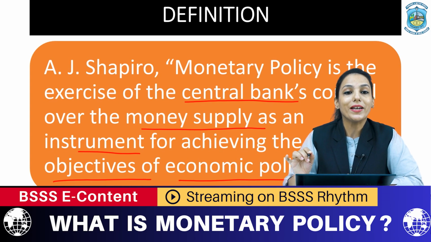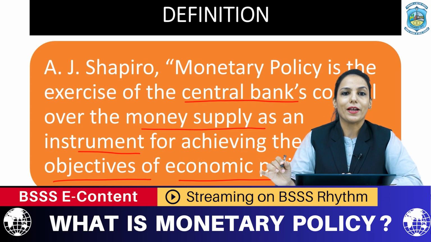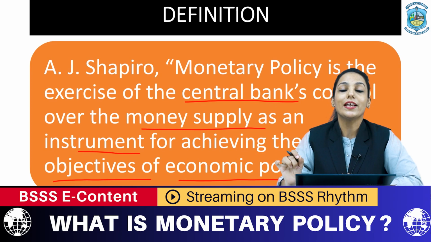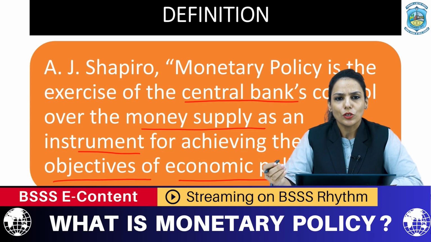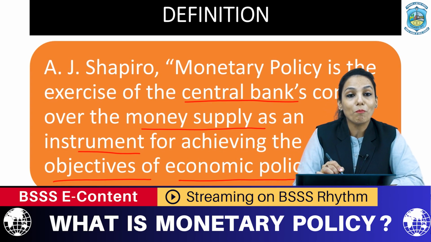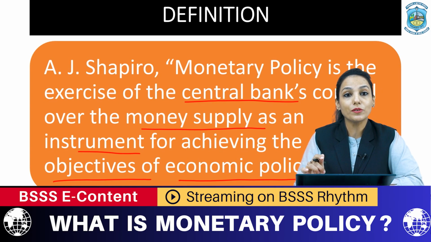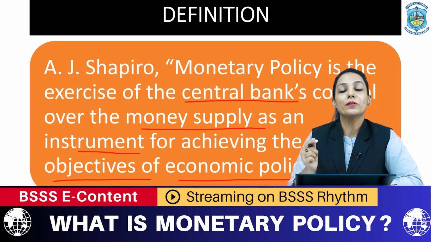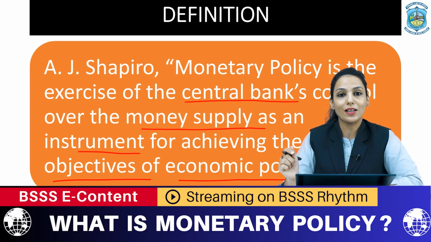Second comes money supply. What is money supply? Money supply represents the total amount of money in circulation like cash, coins, bank account balances. All these are referred to as money supply. Next comes instrument. It is called an instrument because it helps in achieving something. Now, what is this something?